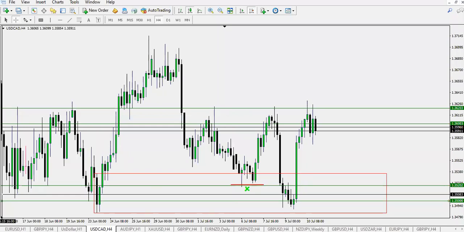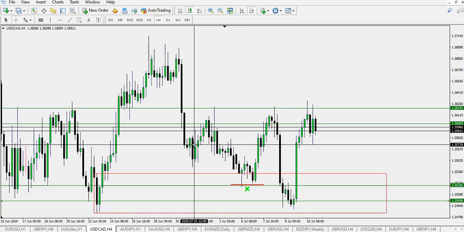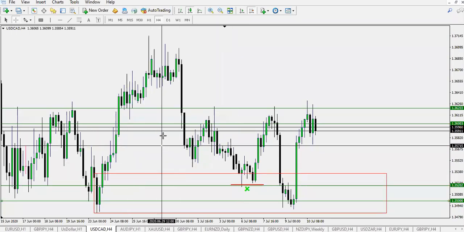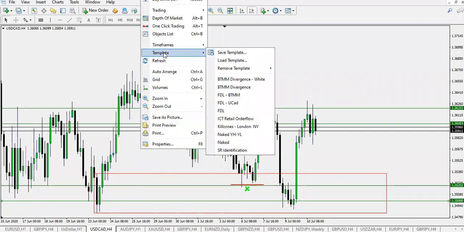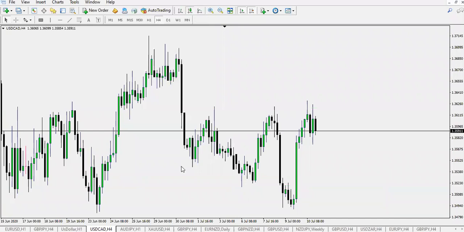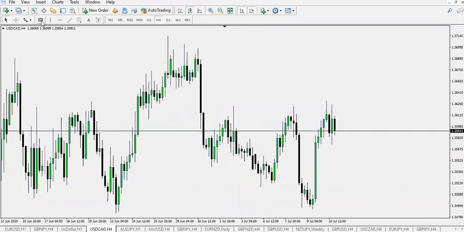Someone asked me, how do I know when an order block is traded through? So when we mark up an order block, let's just use this order block over here as an example.